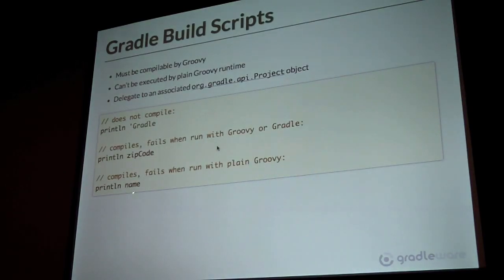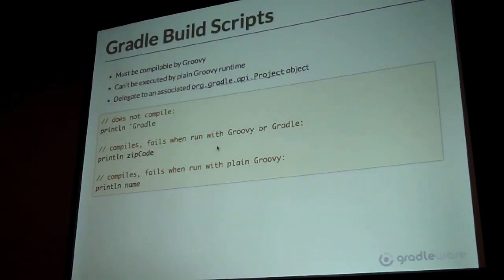And the interesting thing is that Gradle understands name, because every build script runs in a context. Like your JavaScript in the browser runs in the context of the DOM and can read and write the DOM. Gradle has an object model, a plain POJO object model that you can use from your build script.